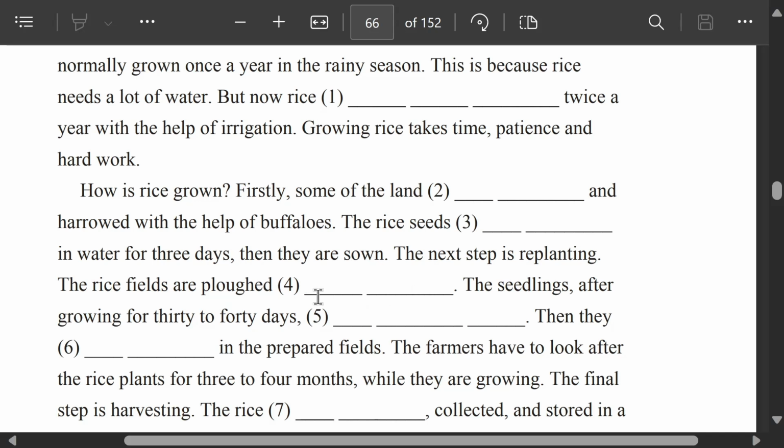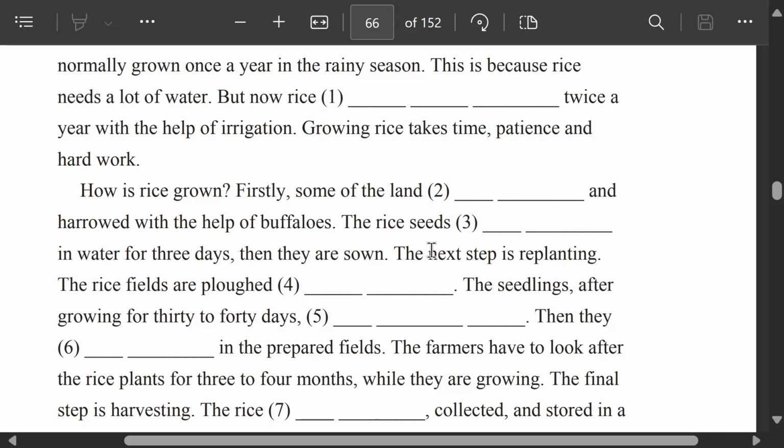The rice fields are plowed. What could go here? Even I don't know.